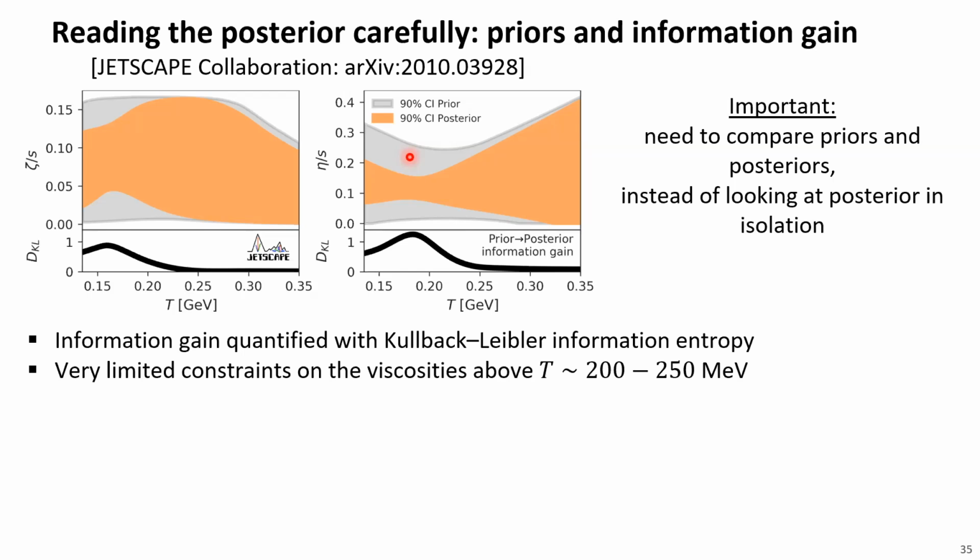But in this case, I have a sort of follow-up question. For the eta over S, if you would widen your prior distribution at higher temperatures, does the posterior remain where it is now, or does it fill up again? I suspect it would fill up. It's a complicated question because there's also a limit where if your viscosity is too large, you can't even trust your hydro.